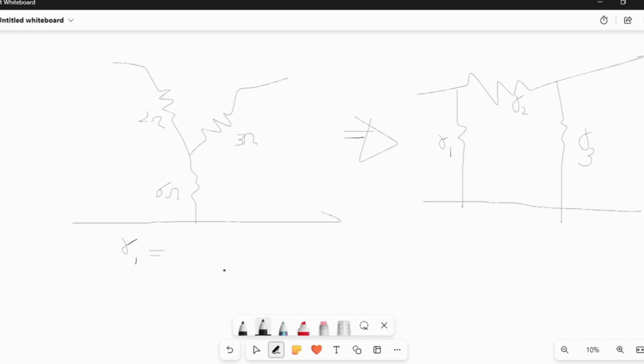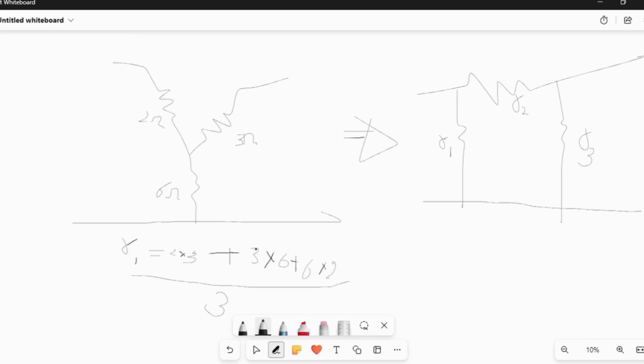So it's 2 into 3 plus 3 into 6 plus 6 into 2, divided by the rest, R1, so divided by 3.